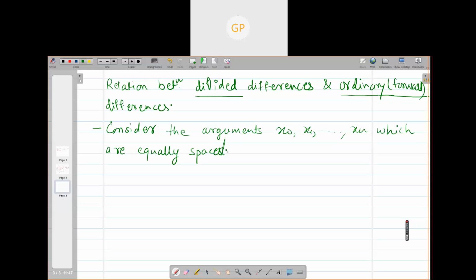What do you mean by this? You mean by this that x1 minus x0, x2 minus x1, x3 minus x2, and so on, up to xn minus xn-1, are all equal, and we are going to call this h.